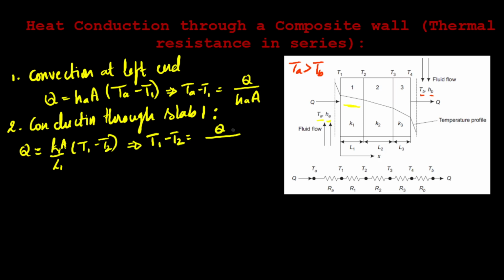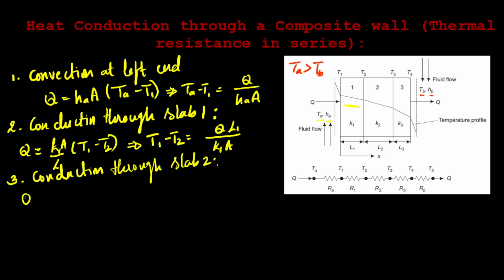I'll write it as Q into L1 divided by K1 into A. Then we have the third one, that is conduction through slab 2.